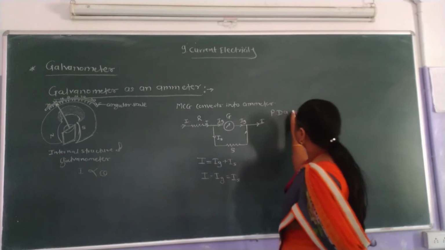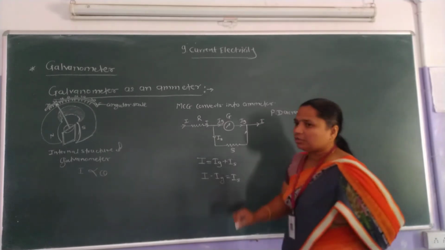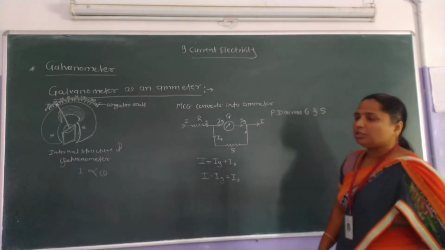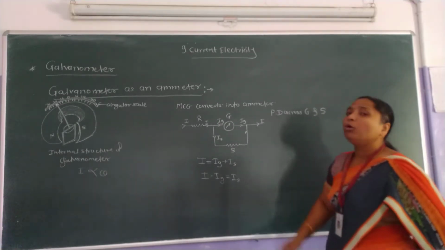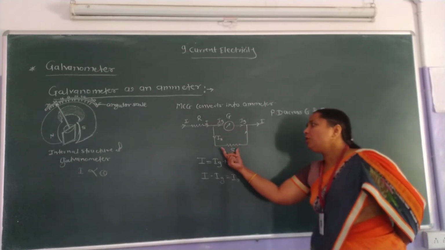The potential difference across the galvanometer and the shunt resistance is the same. Potential difference means voltage.